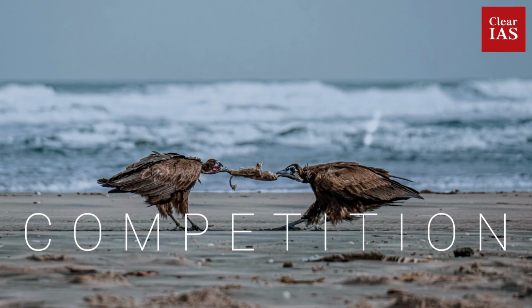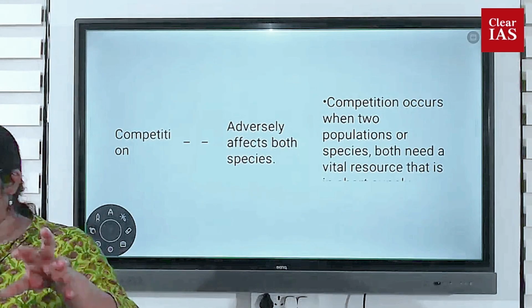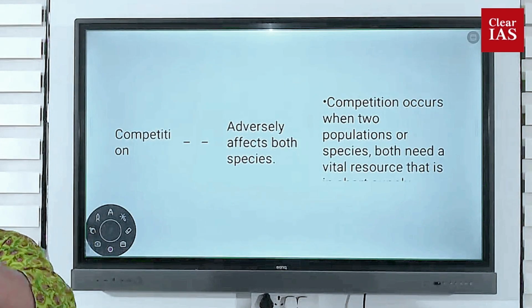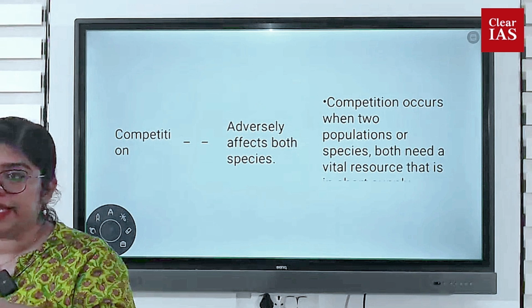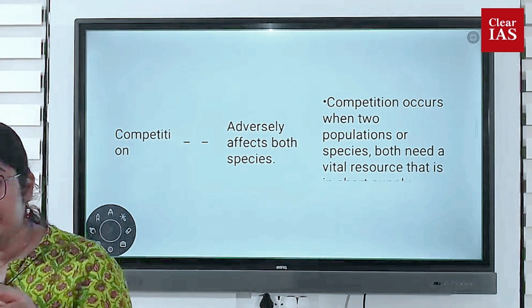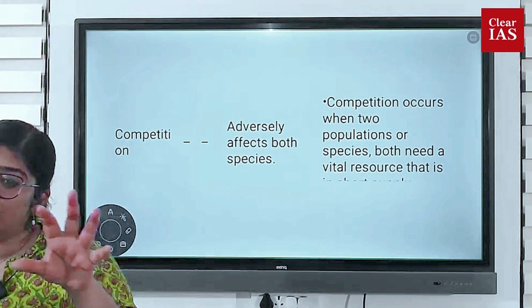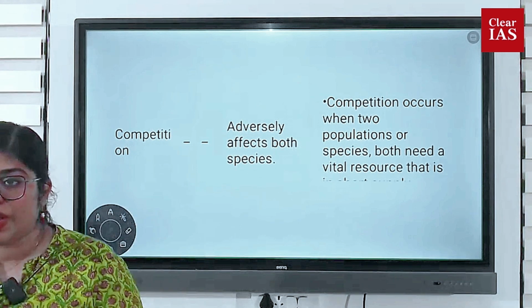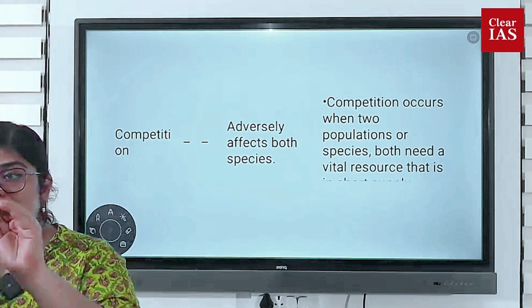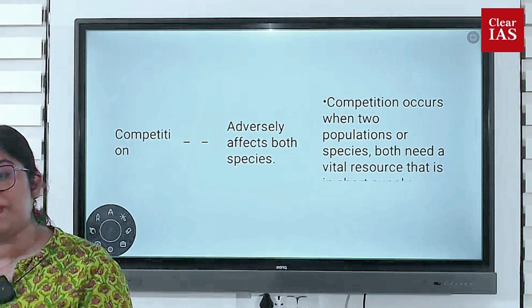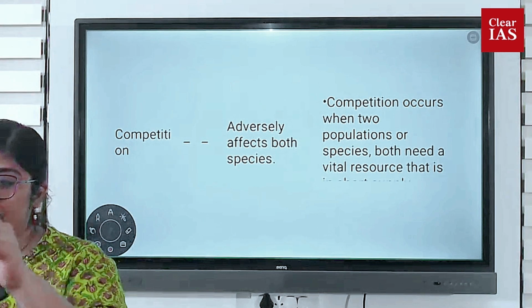Then there is competition. Competition means two different species are competing for the same resource. For example, there is a deer population. This deer population is targeted by the crocodile population as well as the tiger population. So both are fighting for the same species. What happens if that species becomes very scarce?